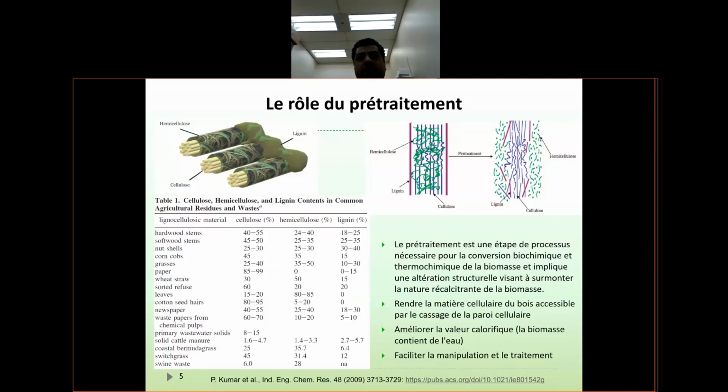Ash is usually potassium, calcium, sodium, and sometimes silicon and phosphorus. That could be problematic, especially in high temperature processing. And also we have some moisture. Moisture is a big issue in biomass, and we are going to discuss it today.